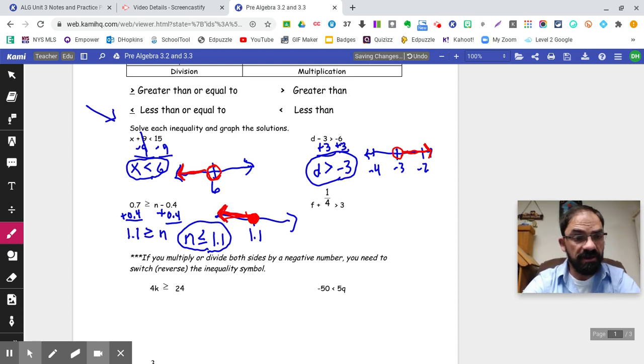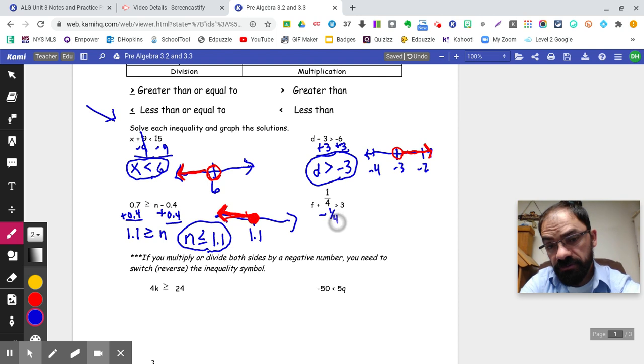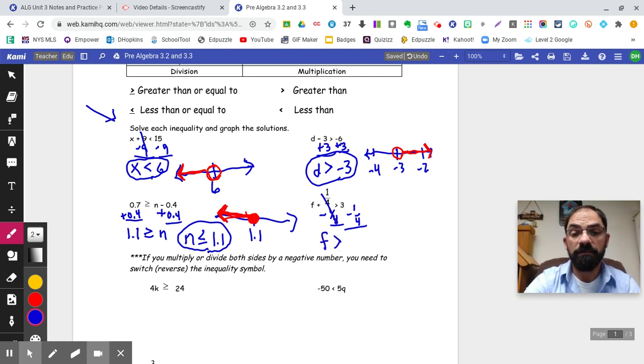Okay, the last one on the top here. To get f by itself, subtract 1/4. So 3 minus 1/4. Remember, you have a calculator, so let's use it. Some of us might be able to do that in our head.